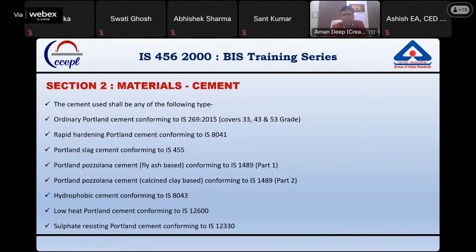One thing more I must mention here: nowadays everybody probably knows that the cement available in the market must bear the ISI marking. No manufacturing can be done for cement which does not meet the IS specification requirements. Whatever cement we get must meet one of the specified cement specifications and must bear the ISI mark.